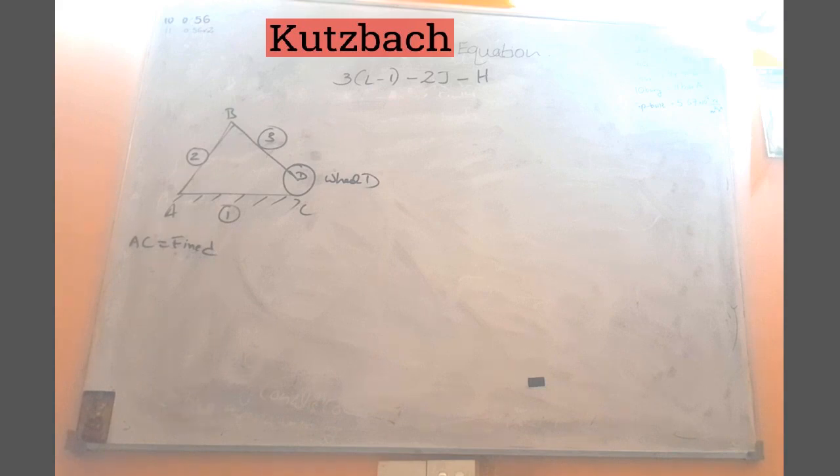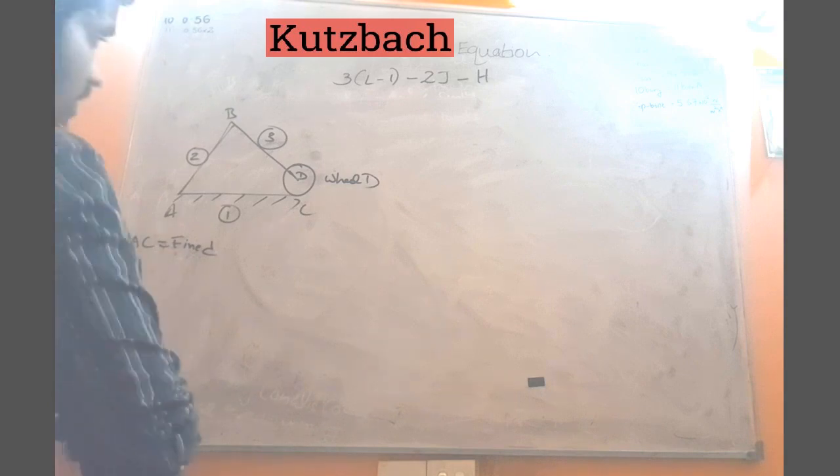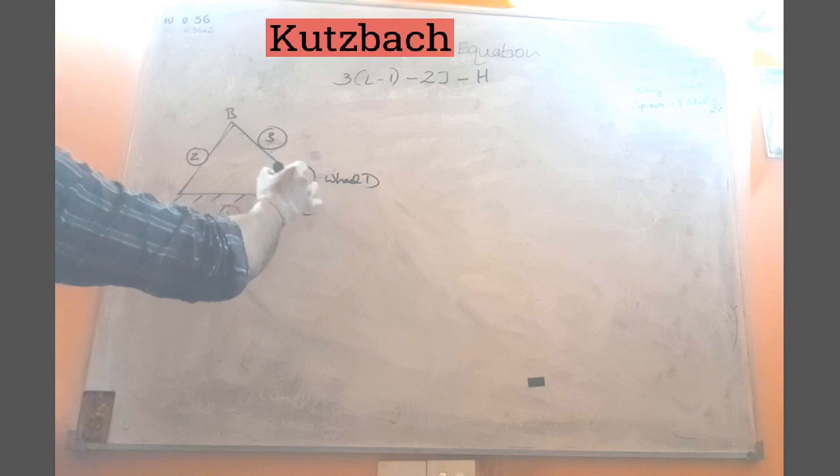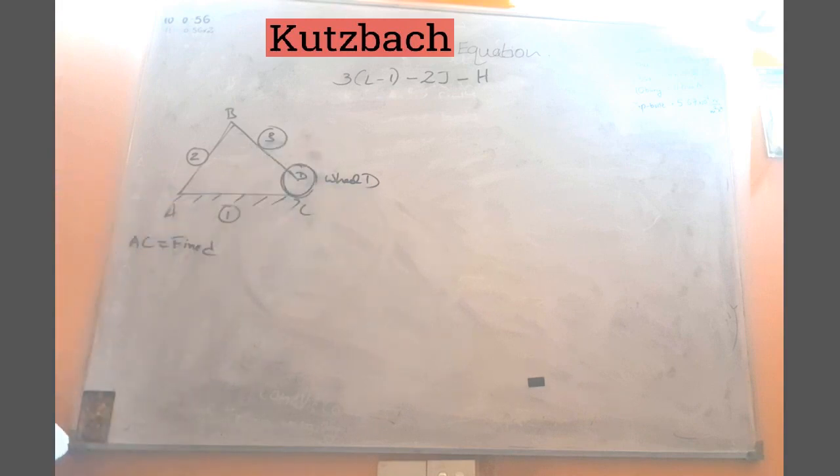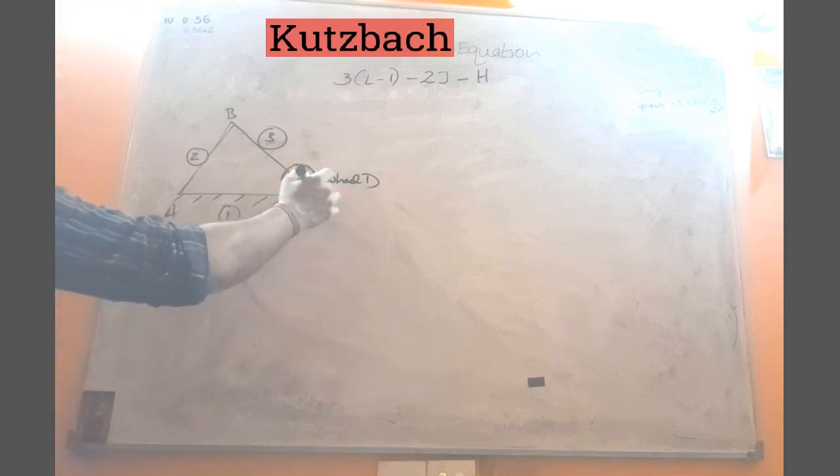And what about this wheel? That wheel is also a member in this mechanism, so let's give it label number 4.